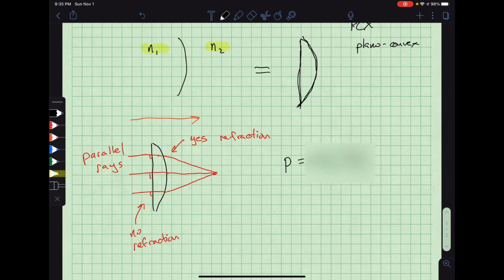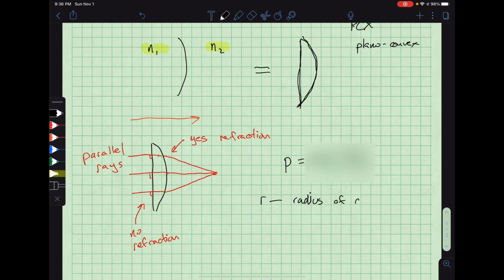Again, we've drawn this as light going from left to right. R is going to be the radius of curvature. And that radius of curvature has a sign convention that matches our previous sign conventions. If it's negative, that means it's upstream. If it's positive, that means it's downstream.